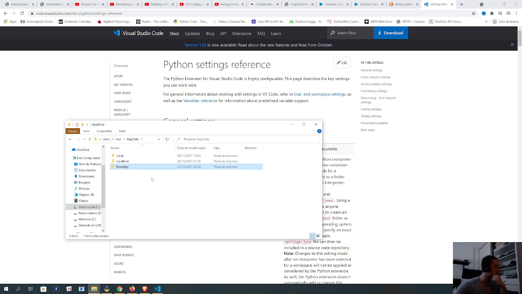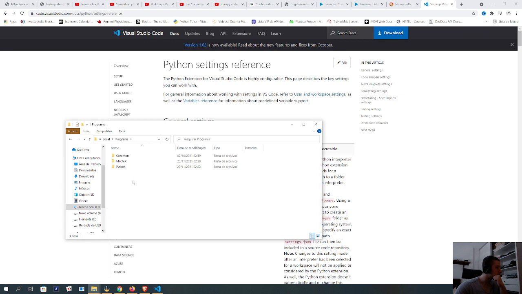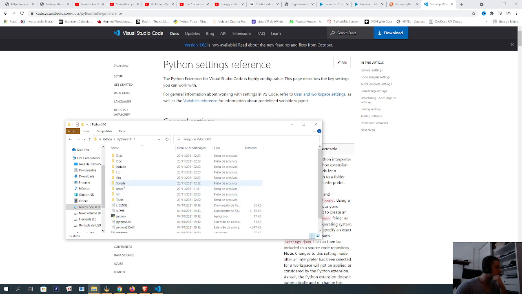This has its own AppData, Local, Programs, Scripts.